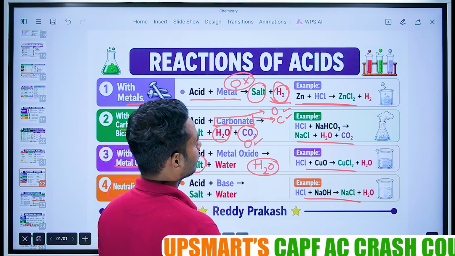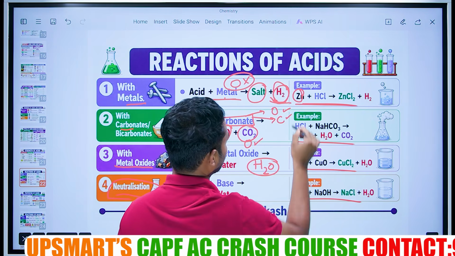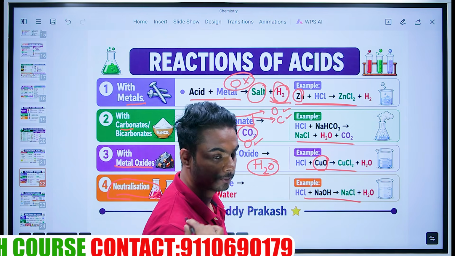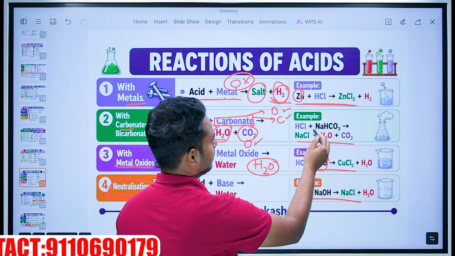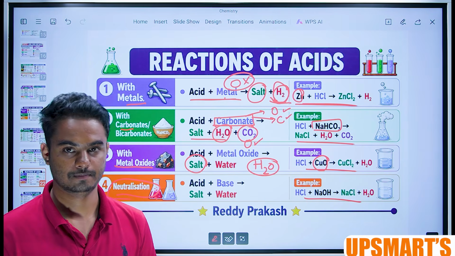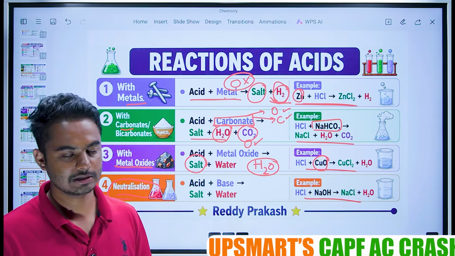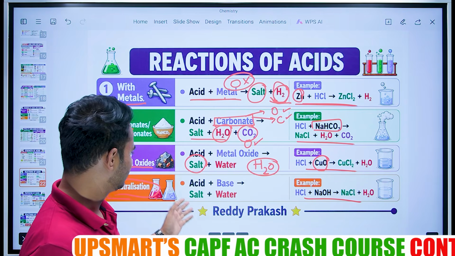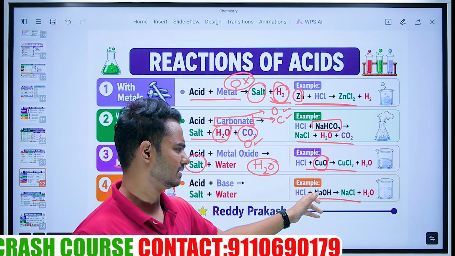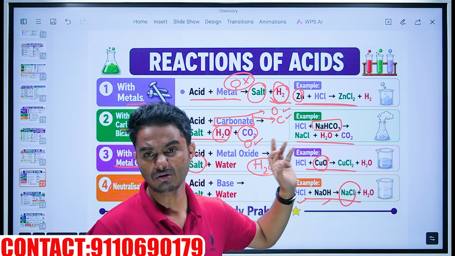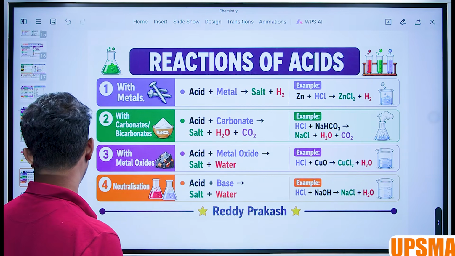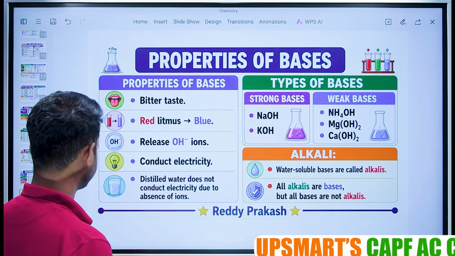You should just know whether zinc is a metal or metal oxide, whether copper oxide is a metal or metal oxide, whether Na2CO3 is a carbonate or what. If you know that, your answer is done. And this too, you already know neutralization, you already know HCl plus NaOH will produce NaCl. I told you 2-3 times. It is easy. Now the next one, properties of bases.